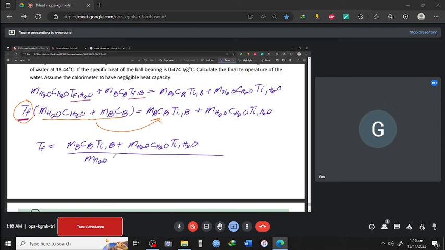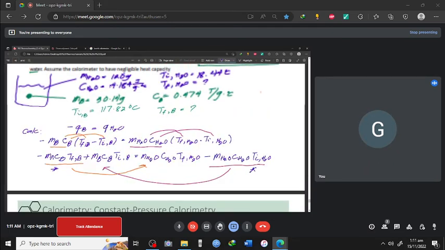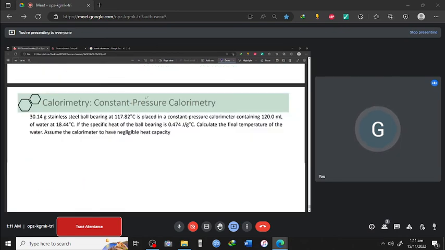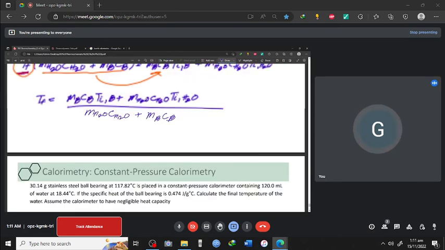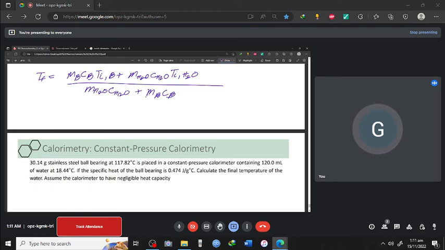MH2O CH2O plus MBCB. Okay, so ganito lang yan, no? Okay, ito na yung final formula natin. So, sobrang haba, no? So, let's try to input all the values na sinet natin dito sa taas, sa baba. Yun yung gagawin natin. So, zoom out ka lang sandali.